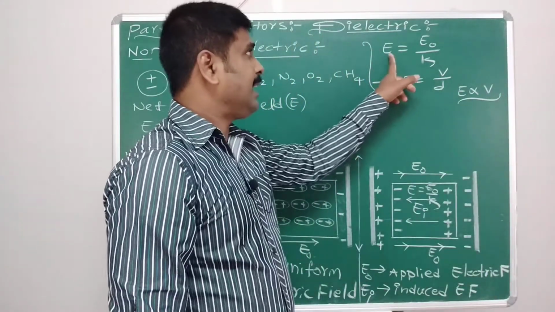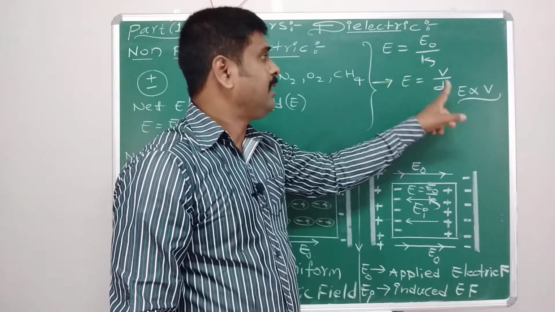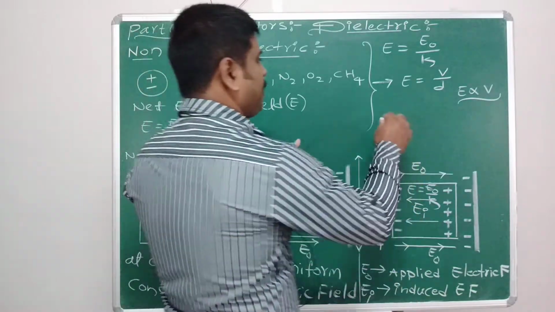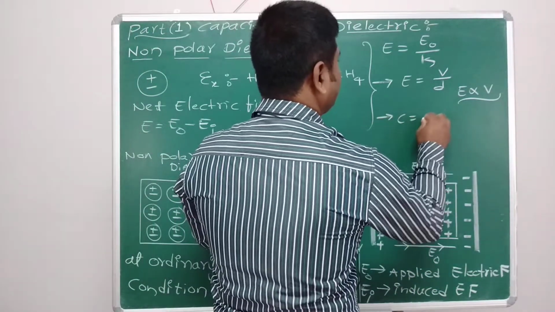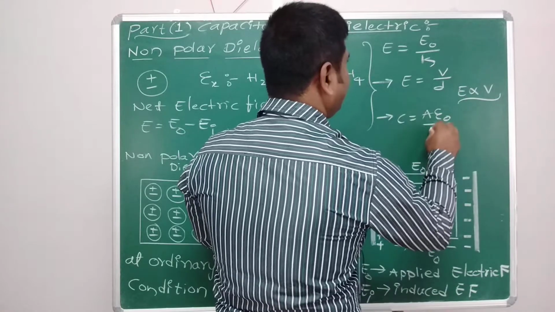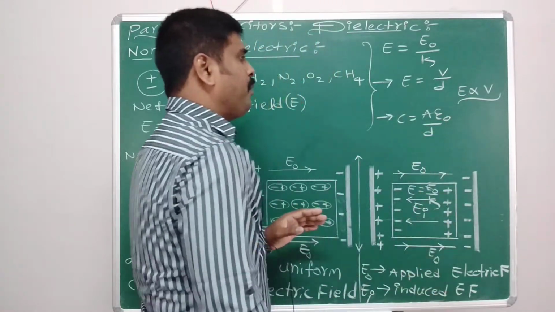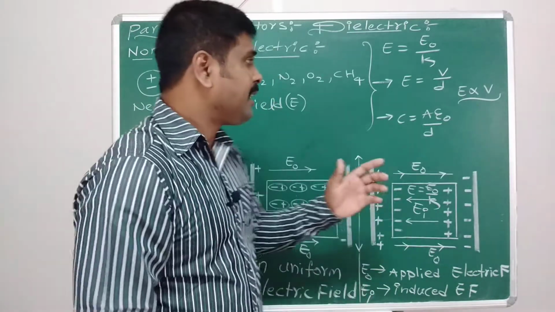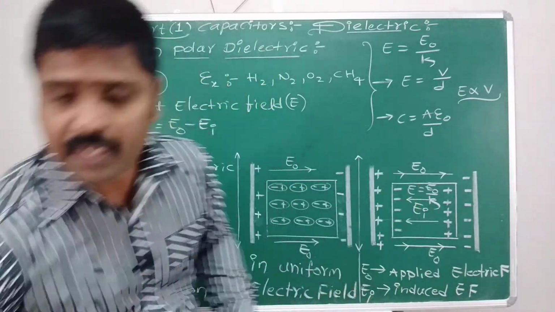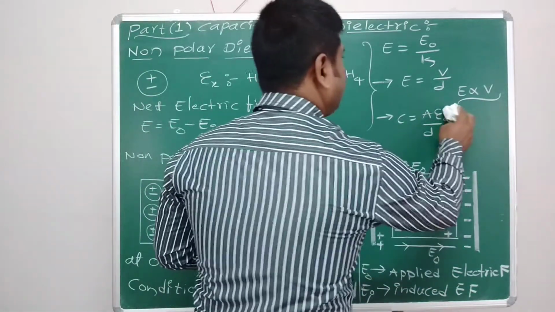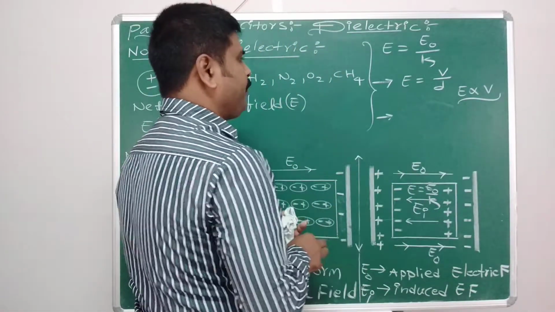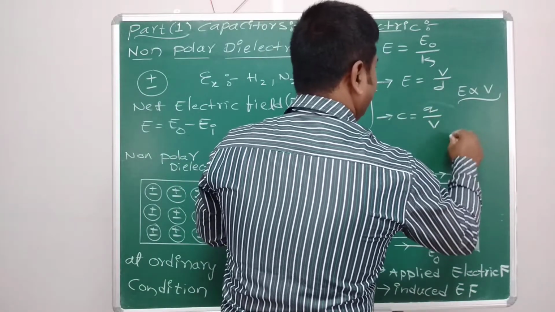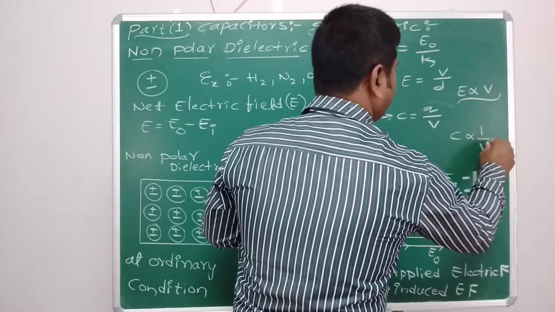So when the net electric field decreases, the electric potential also decreases. From the parallel plate capacitor, C equals A epsilon naught by D. Whenever the potential decreases, capacitance increases, as from the simple formula C equals Q divided by V, where C is inversely proportional to the potential.